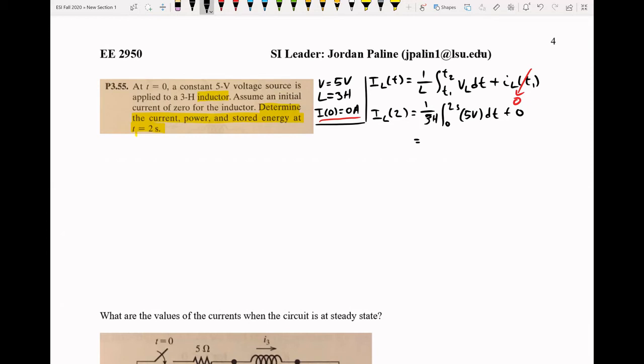So we will get 5 volts over 3 henries, and 0 to 2 dt is equal to 5 volts over 3 henries, t from 2 seconds to 0. So this will give us a value of 2 minus 0, 5 times 2 is 10, okay, 10 over 3.